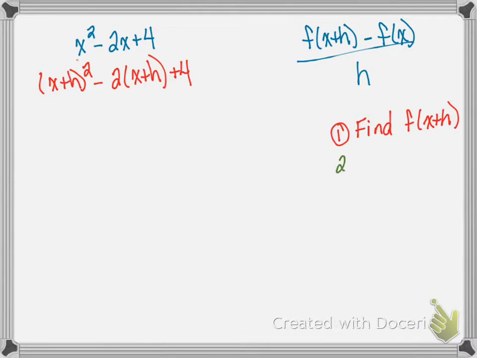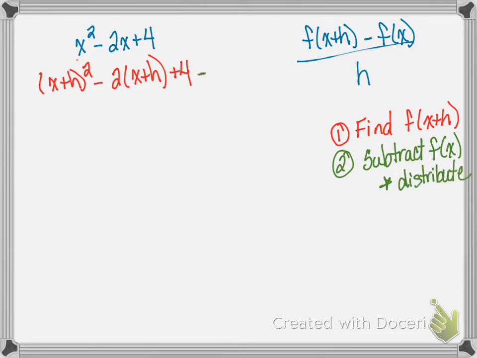My second step is to subtract f of x. So you've got to remember to distribute here. We forget to distribute right here, so be careful. So I am going to subtract all of my original. So I have x squared minus 2x plus 4.